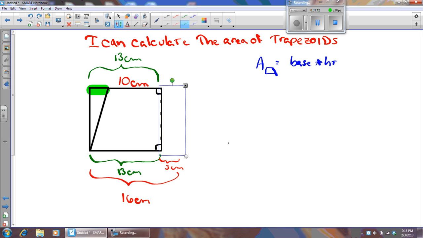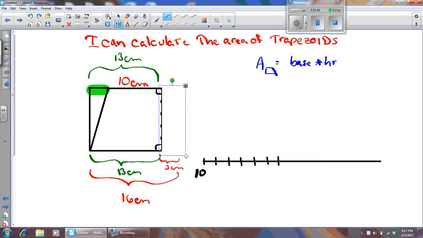Now, check this out. If we were on a number line, and I'd say 10 was here, and then 11, and 12, and 13, 14, and 15, 16, right? Let me write those numbers in there.